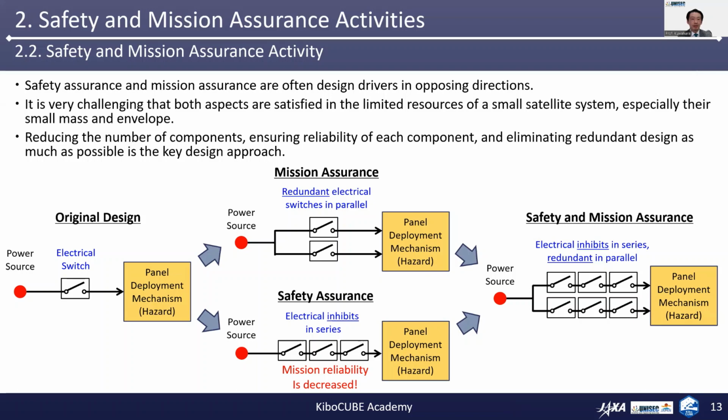So you try to avoid any unwanted panel deployment by utilizing 3 switches in series. And in addition to this, you prepare redundant sets of these switches so that even if one of the switches fails, you can utilize another power supply line to open the deployment panel.